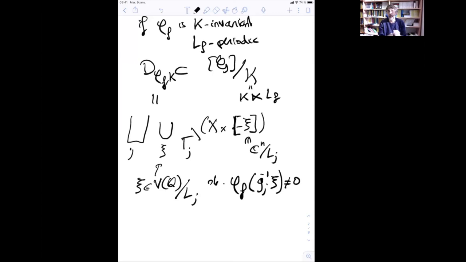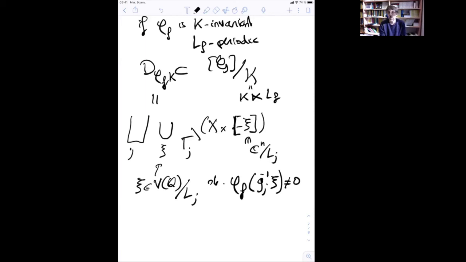Okay, so phi is invariant by some lattice, but there are a few points that are not in the lattice but in the support of phi. Their projection gives a collection of points, and that's exactly the divisor associated to d phi f. So the support of phi f gives you some divisor modulo the lattice, the period lattice of phi f.